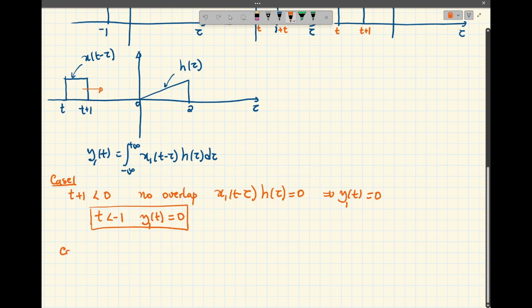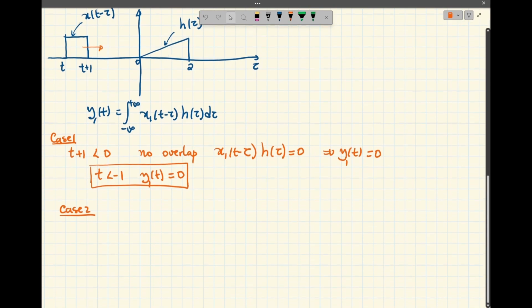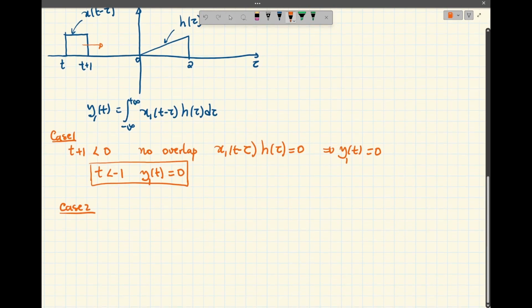Now, case 2 is going to be this scenario where t is less than 0 and t plus 1 is bigger than 0.